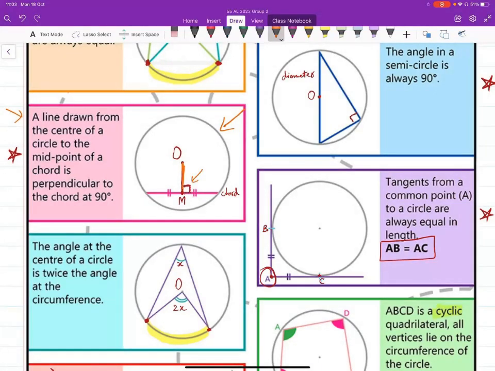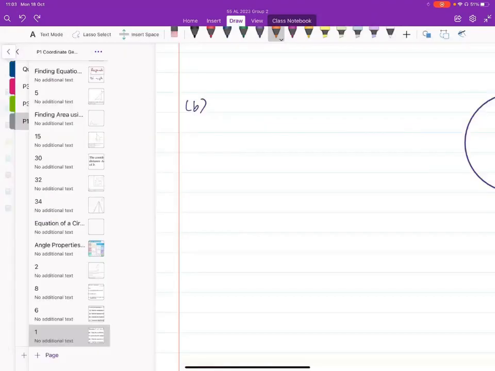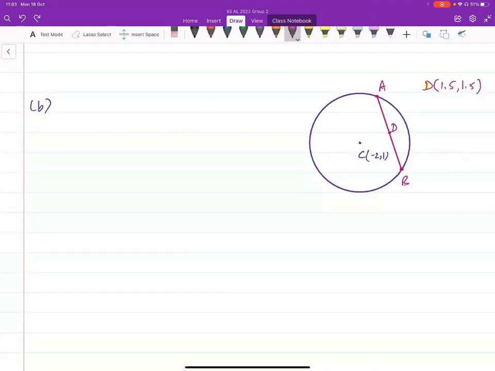So since we know that D is the midpoint of the chord, if we were to draw a line from C to D, it would make a perpendicular here because these two lengths are equal. Is that clear to everyone?